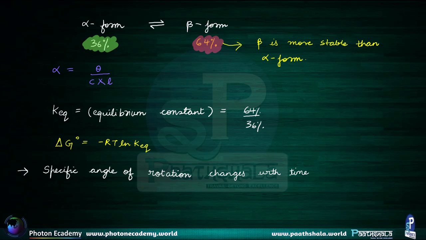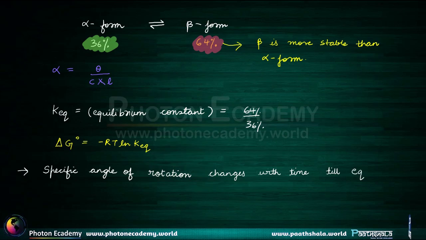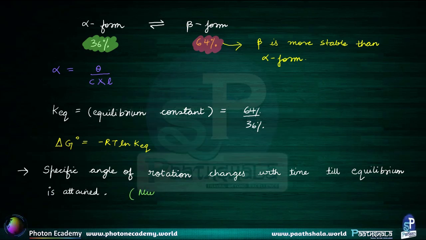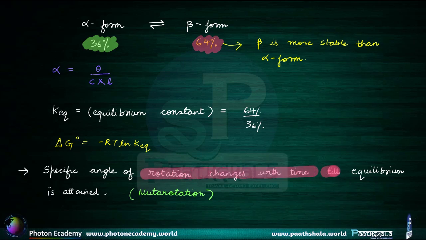So specific angle of rotation changes with time till equilibrium is obtained. The main goal is to attain equilibrium. So this is what is known as mutarotation: the specific angle of rotation changes with time till equilibrium is attained.